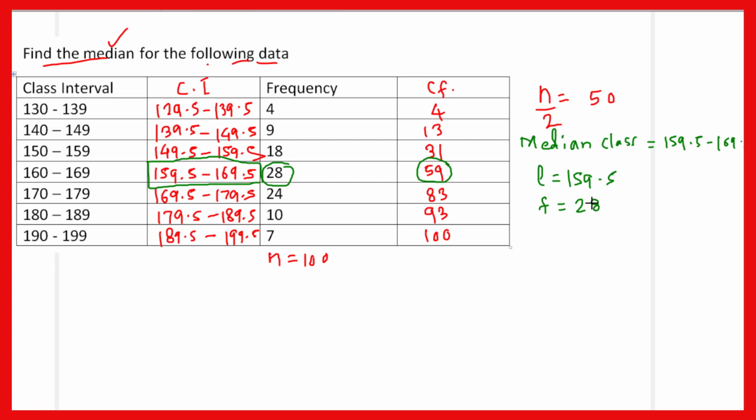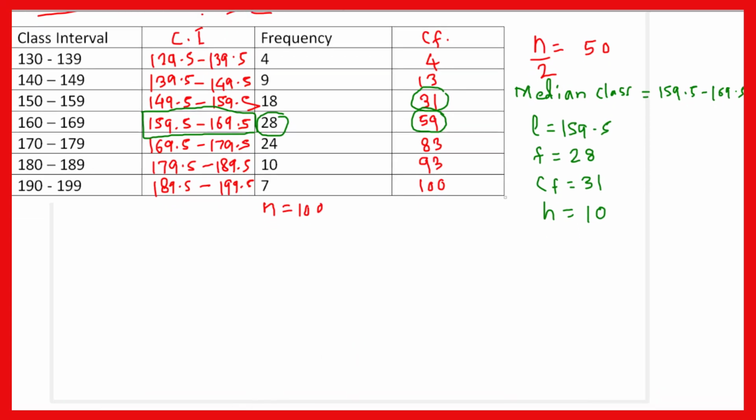After that we take the cumulative frequency just before that of the median class. So cumulative frequency is equal to 31, and then we require height. Height means the difference between upper limit and lower limit, and that difference is 10, so h will be equal to 10.